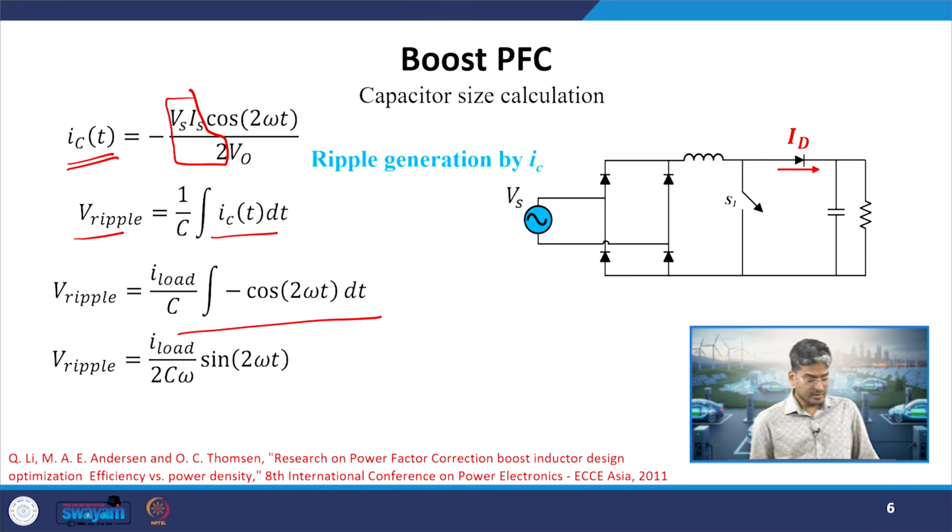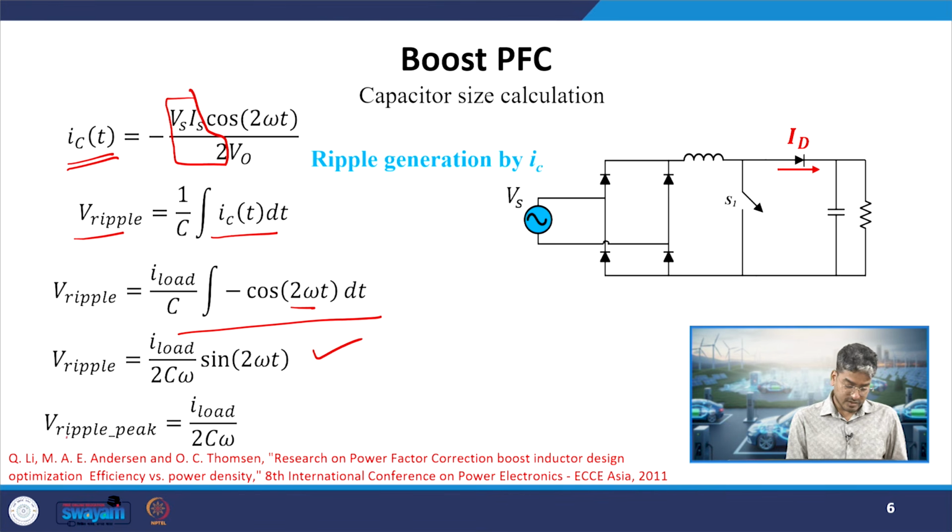Upon integration, the cos integration gives a minus sign. So, we get I load by 2 C omega, because we had 2 omega, which comes outside to the denominator. So, we will get V ripple as I load by 2 C omega into sin 2 omega t.